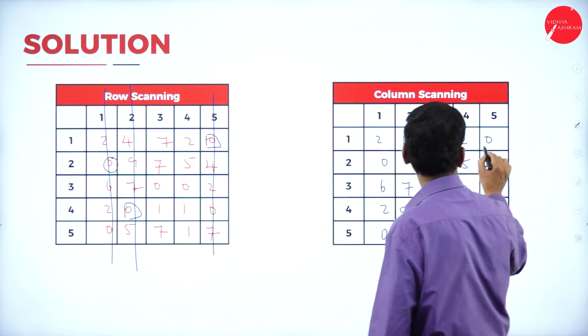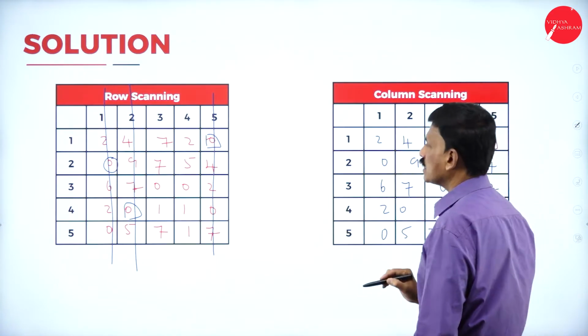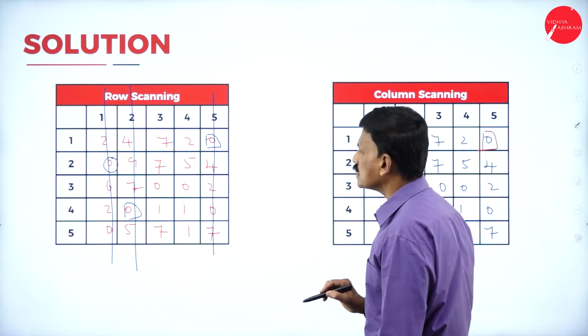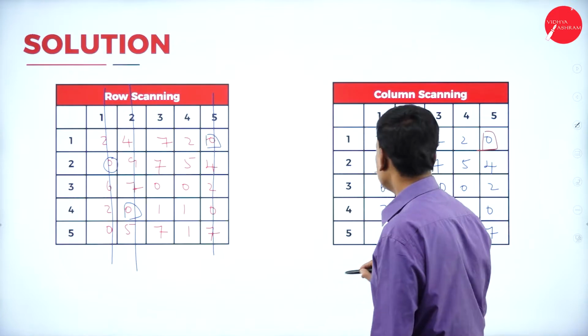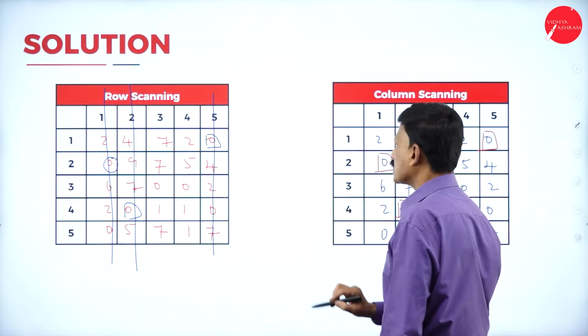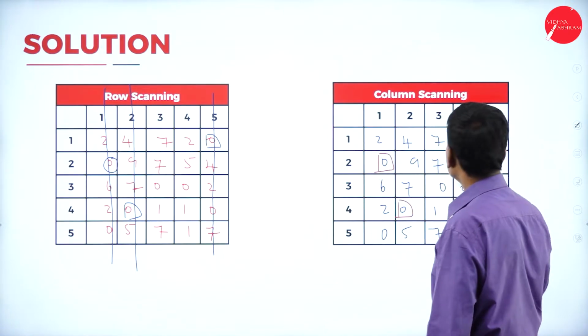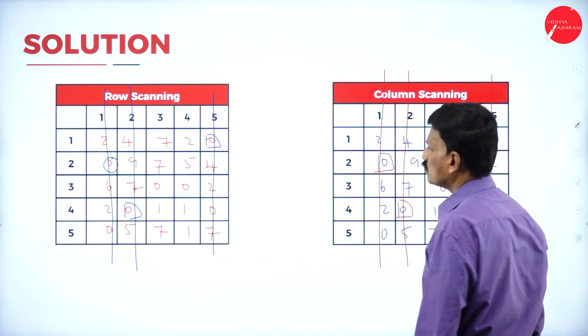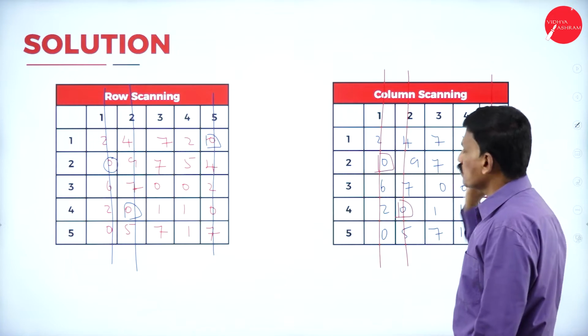Where we have marked the circles, this 0 is cancelled, this 0 is also cancelled, and then this 0 is cancelled. That means we have cancelled this row, this column, and this one. Now come to the column scanning.